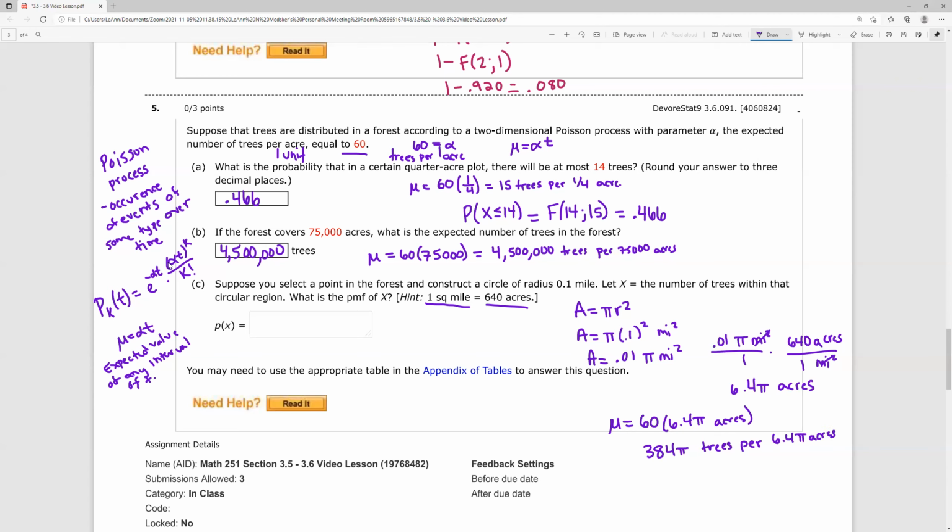Okay. So once you have your expected value for our time interval or your area interval, we're going to plug that into our formula here.